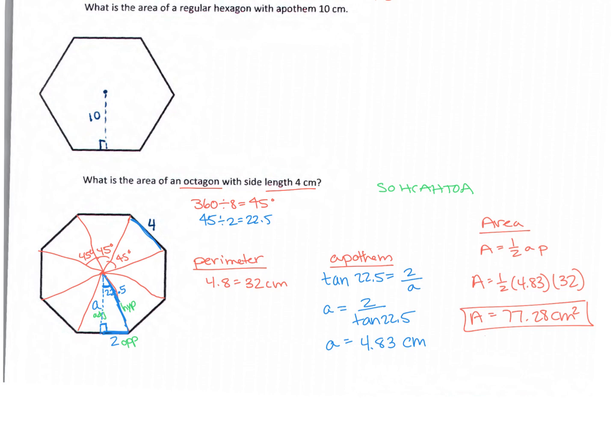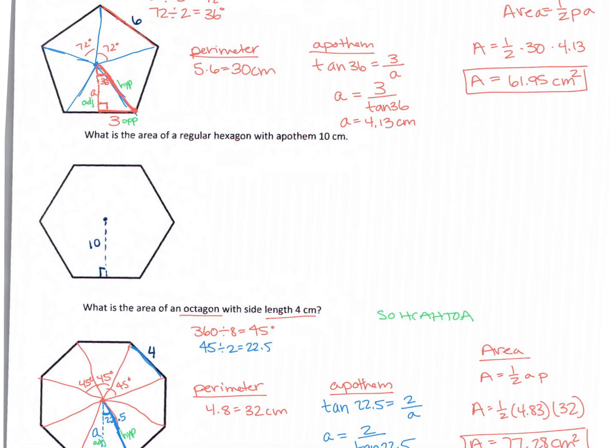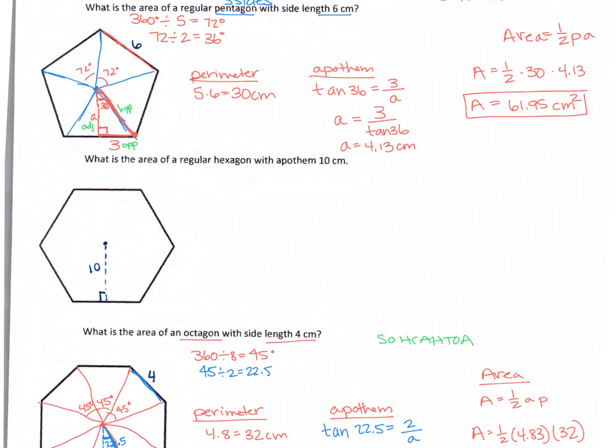So what happens when they give me the apothem? Well, my math is a little bit different because I don't need to go find my apothem, but I do need to go find my side length. So in this problem, I don't know the distance of my side, but I do know my apothem. So I can't find my perimeter right now. So this is a regular hexagon, meaning there are 6 sides.